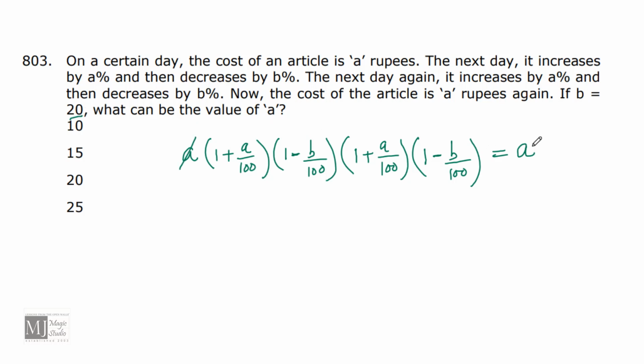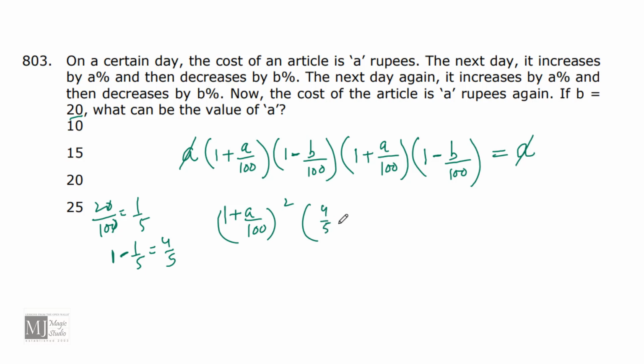Let's quickly solve this. So we have 1 plus a by 100 whole square into 1 minus b by 100, where b is 20. So 20 by 100 is 1 by 5. 1 minus 1 by 5 is 4 by 5. So we have 4 by 5 into 5 by 4, whole square, that is 1.